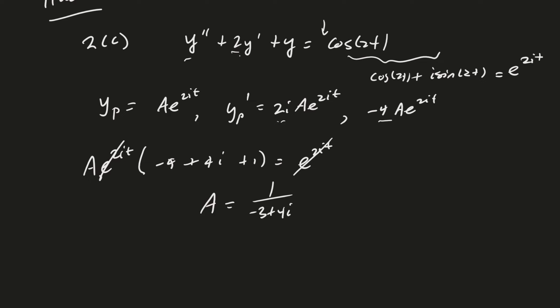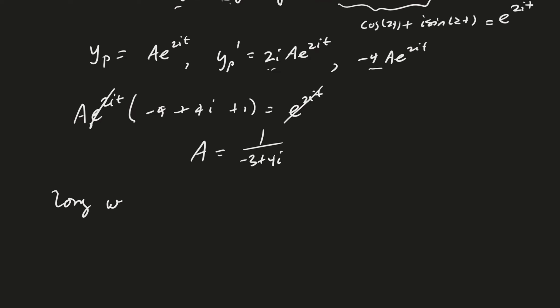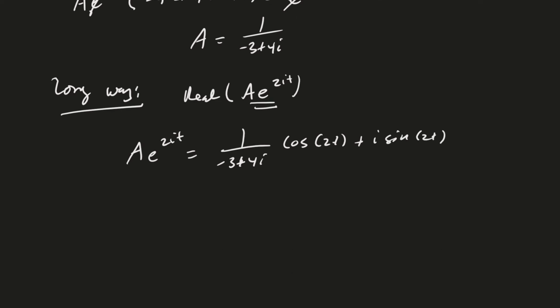Now, what to do from here? Well, the long way around is to say that we want the real part of a e to the 2it. And so we need to compute that quantity, and if you do compute that quantity, you'll have 1 over minus 3 plus 4i times cosine of 2t plus i sine of 2t, right?